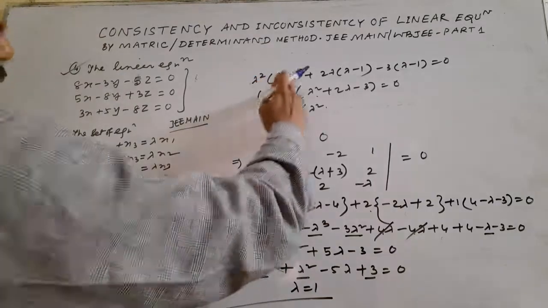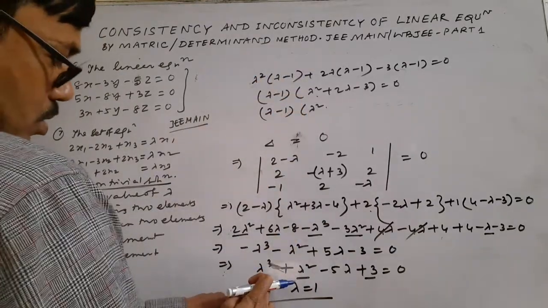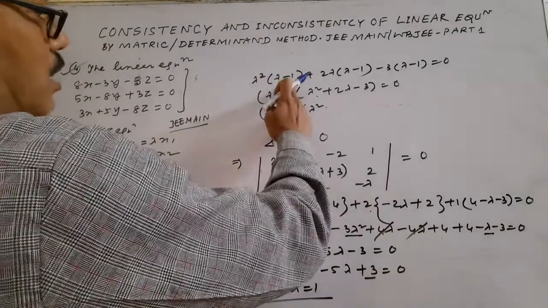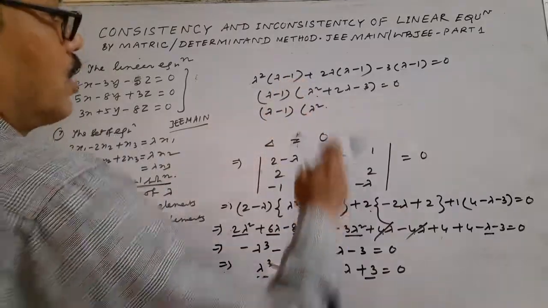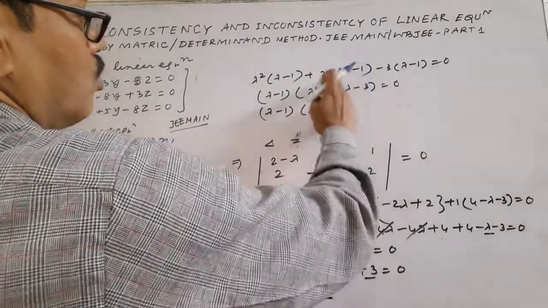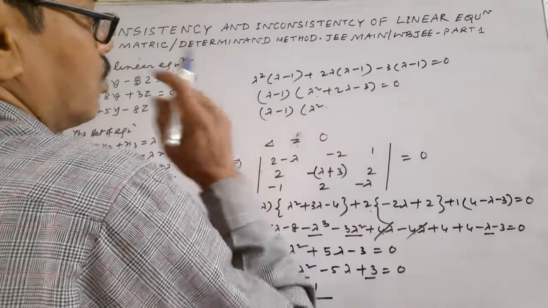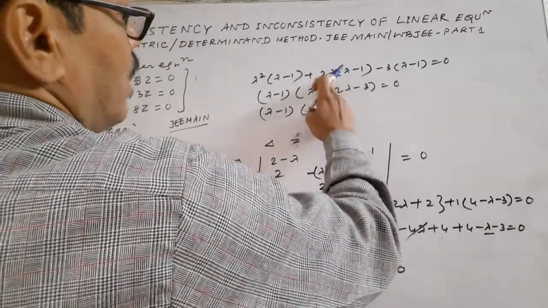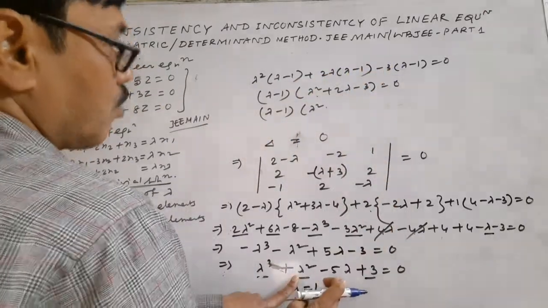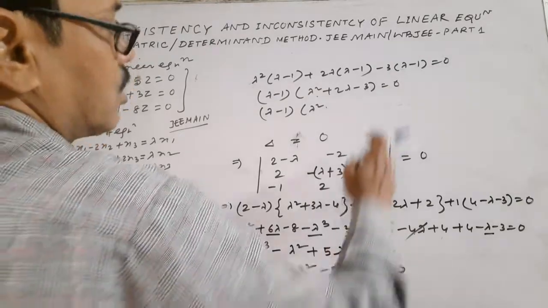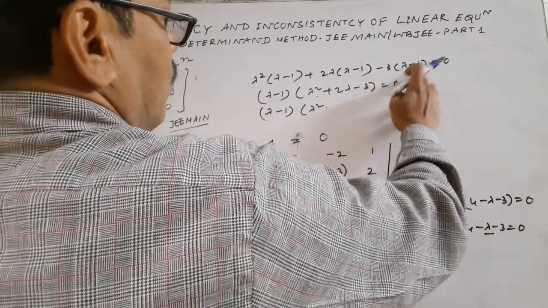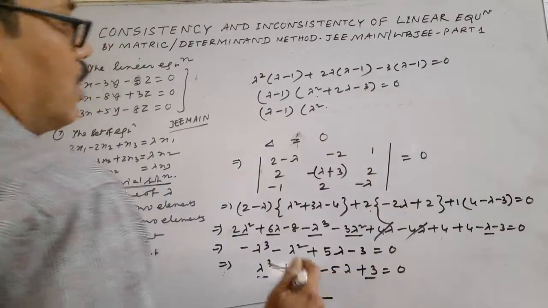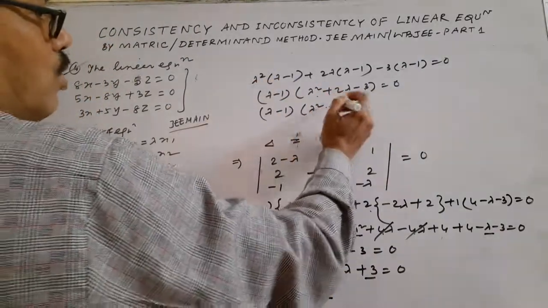Lambda minus 1, so lambda cube, so minus lambda square, so this is plus lambda square, so 2 lambda minus 1, so 2 lambda square, so minus 2 lambda, and this is 5 lambda, so minus 3 lambda, and this is plus 3, okay, so lambda square plus 2 lambda minus 3.